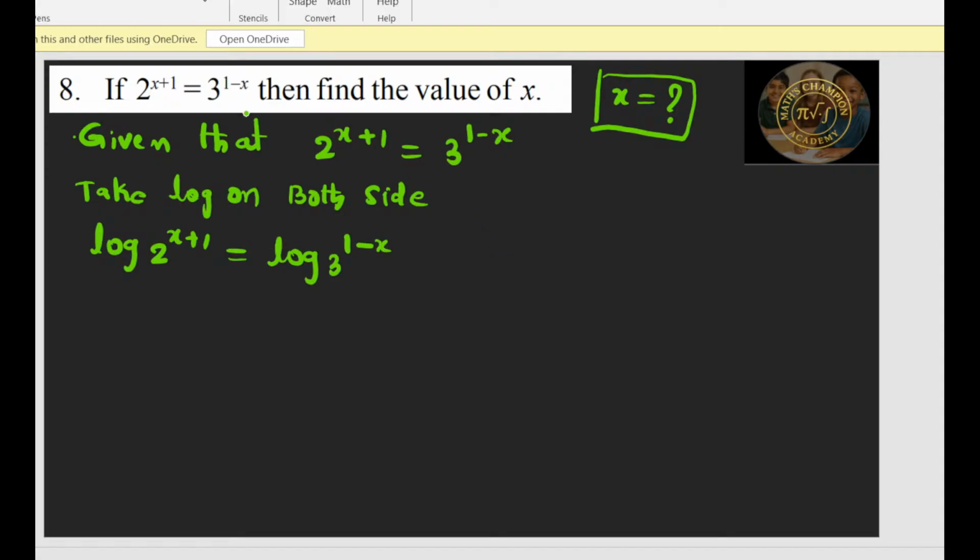Now we already know the formula. We are writing the formula: log x power n, we can write n into log x. This is the formula, so we are going to write these terms likewise.